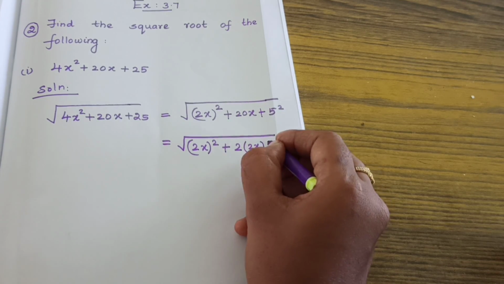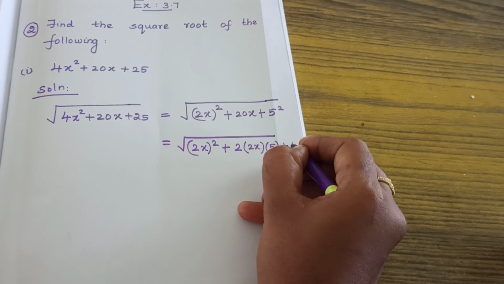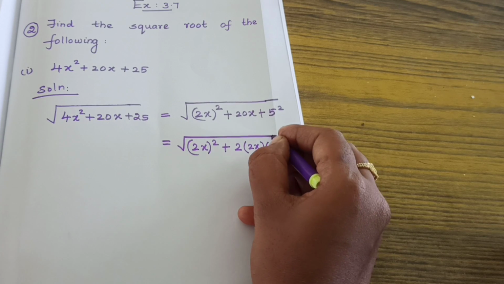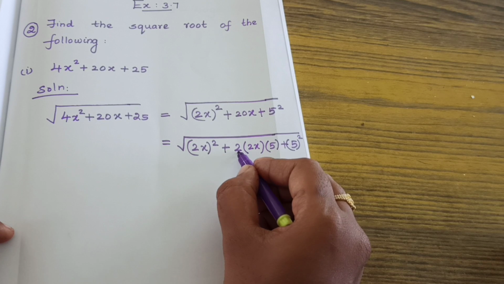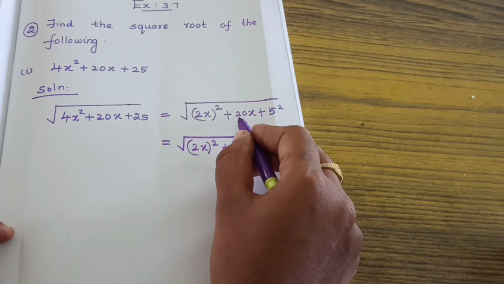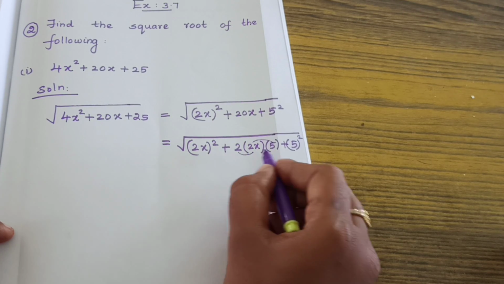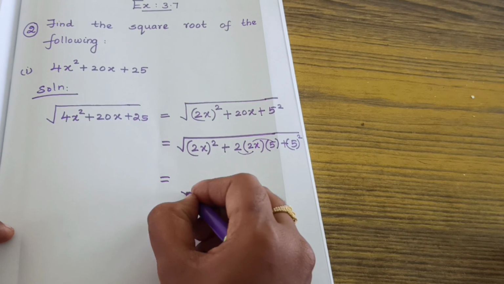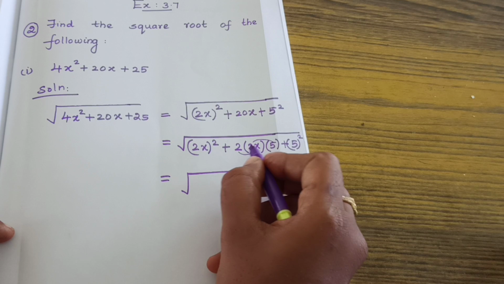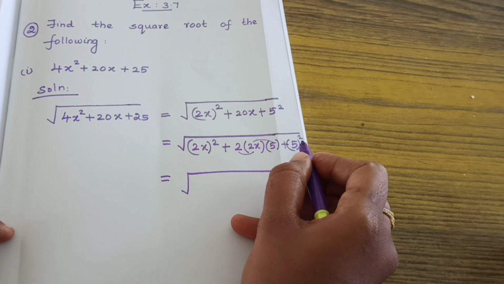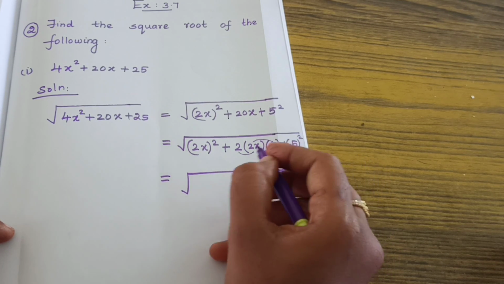What is b? 5. Now check it. A square, correct. 2 2s are 4, 4 5s are 20x. Okay, the arrangement is correct, which is equal to, this is the expansion of a square plus 2ab plus b square, which is the expansion of a plus b the whole square.